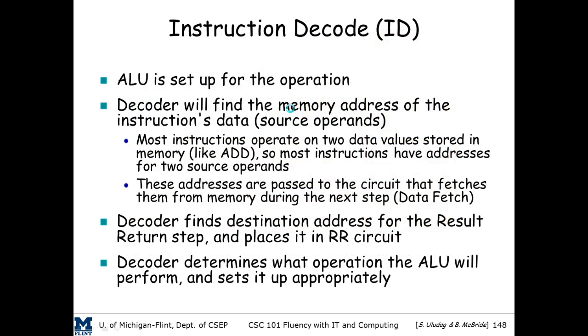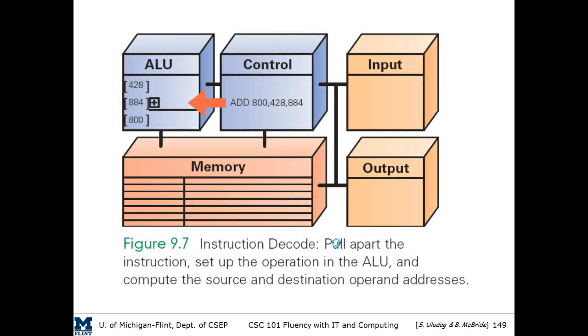At that point, the decoder will find out which byte contains the memory address of the data's source operands, what kind of a function the instruction calls for, in this case an add, and then where the result is going to be returned to the random access memory after completion of the instruction. So we see that here.